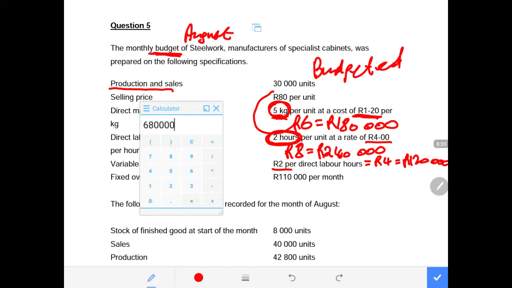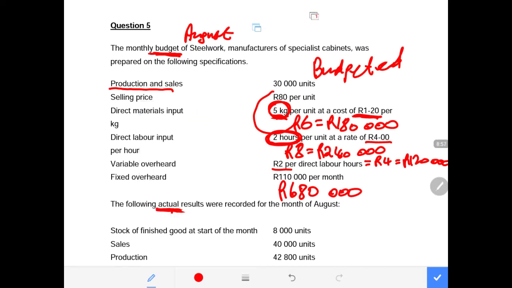That means our budgeted cost to produce 30,000 units will be 650,000 rands. Here we have our total material, labor, overheads, variable and fixed taken into account. So I'm already partly done with the budgeted profit, to be honest. I'm doing this because I know what I'm required to do later on. Otherwise, if it was not a requirement to calculate the profit, then I wouldn't need to calculate the total of these figures.